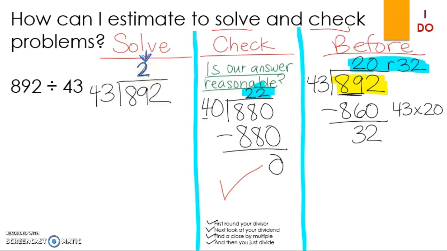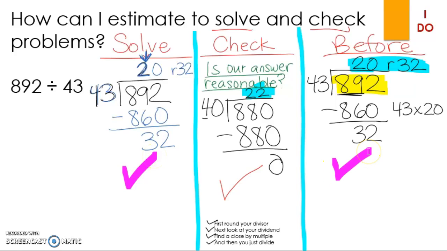Watch what happens when we multiply. 20 times 43 is 860. What's left? 32. So now we do have 20 with the remainder of 32, and we used estimation to help us solve the problem. And you'll notice that using estimation looked a lot like the standard algorithm. Interesting, huh? Let's keep going.